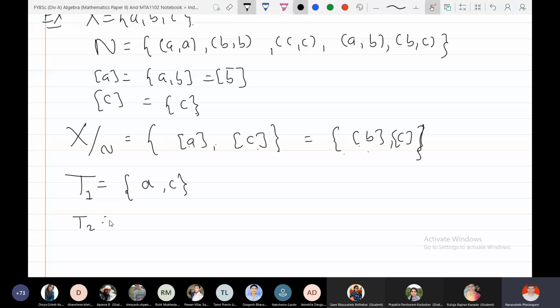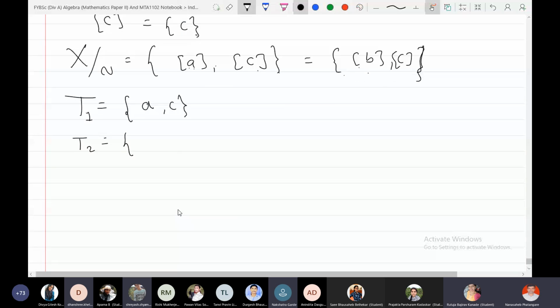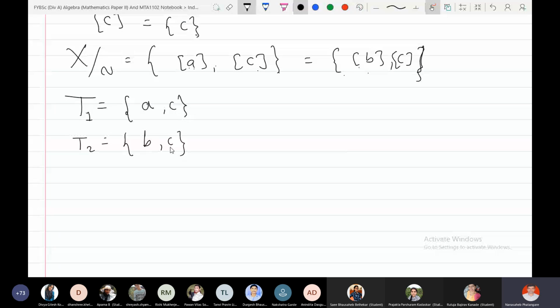What is another transversal for this equivalence relation? {B, C}. C has no alternative, so C will be there in any transversal. But from the class of A you can select either A or B as a representative.